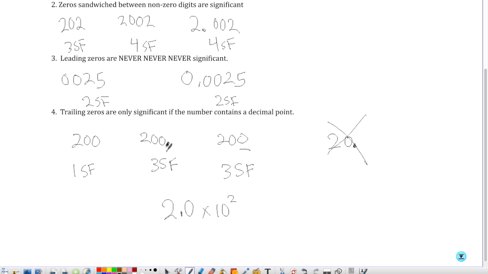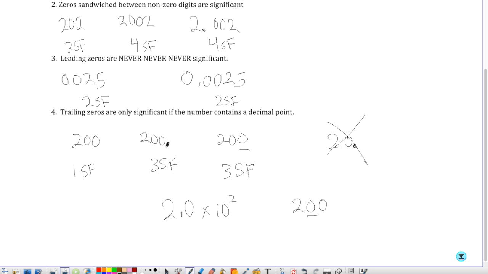So this shows the same value, 200, but with 2 significant figures. There are times where you will have to use scientific notation to express a number correctly, okay? So the other way that you could do this is by underlining that value, the tens place, because that would say that these are significant.